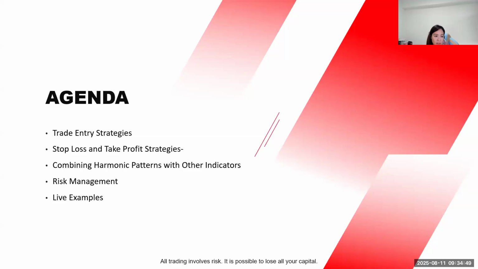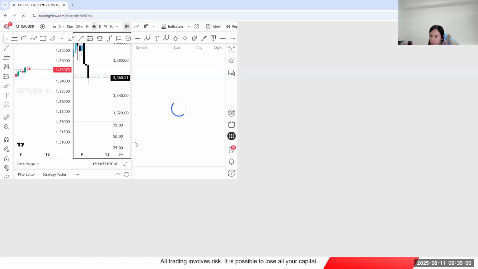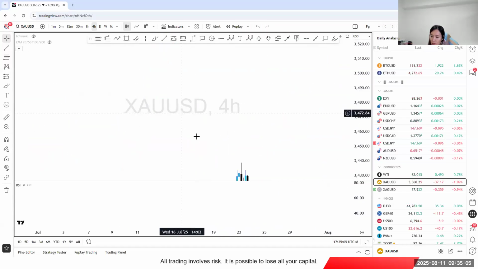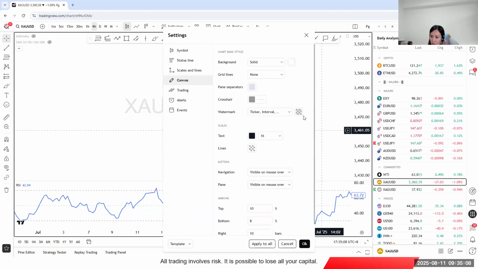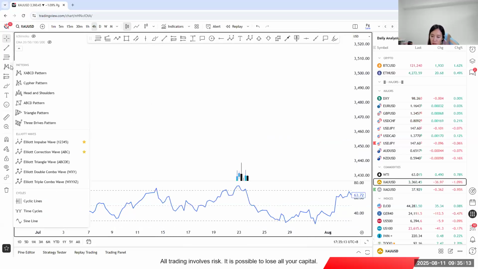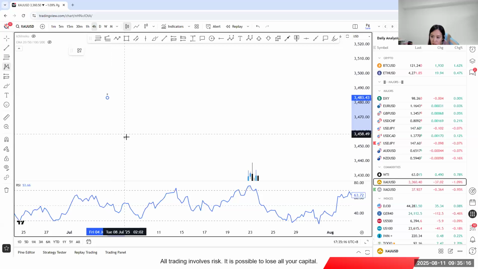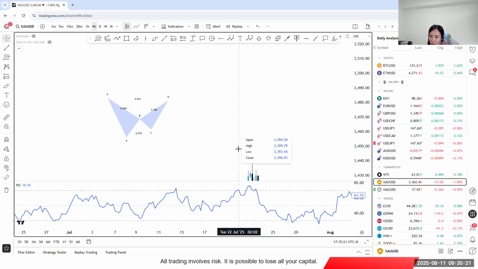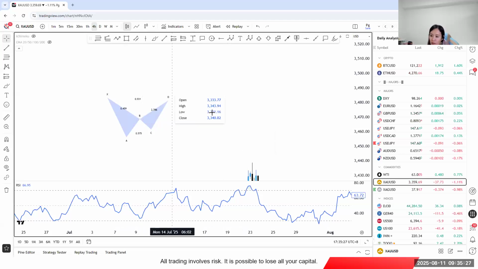Remember that harmonic patterns require A, B, C, D. Let me pull out the harmonic pattern in TradingView. There was X, A, B, C, D, something like that. My mouse is not moving.